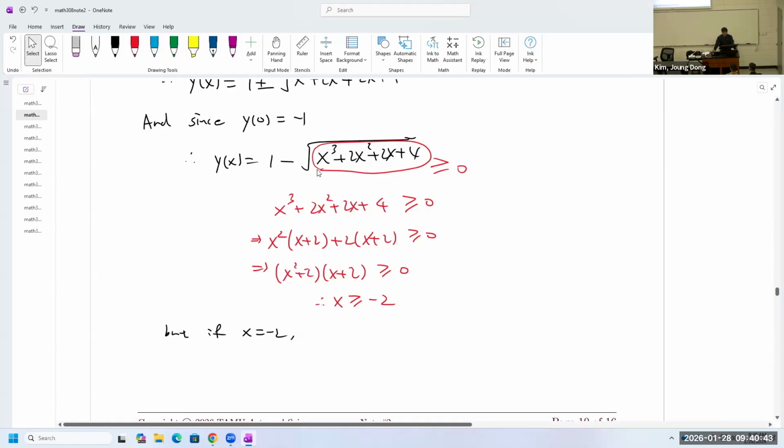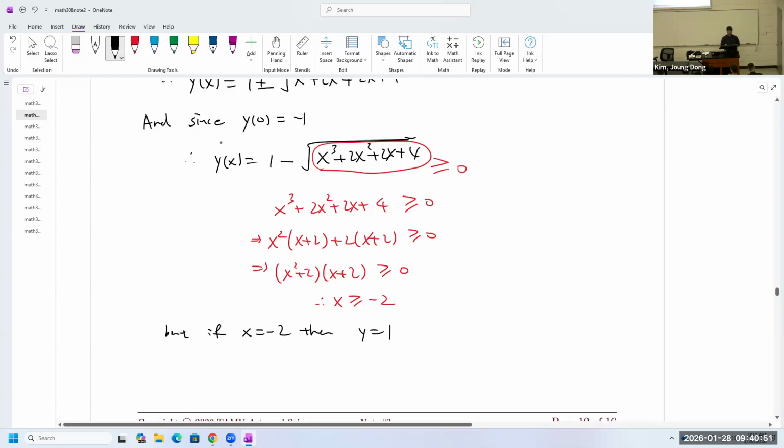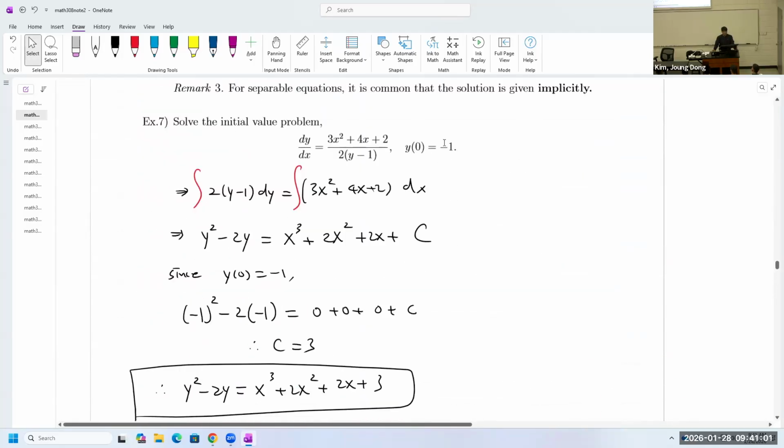Then your y must be equal to 1, right? Right? But guys, can I scroll up a little bit? Guys, don't forget this. When x equals -2, your y is equal to 1, right? And which is totally against this. Look at that.